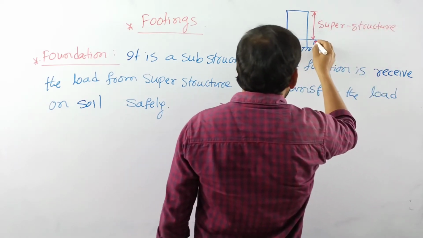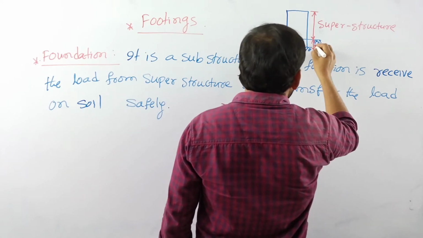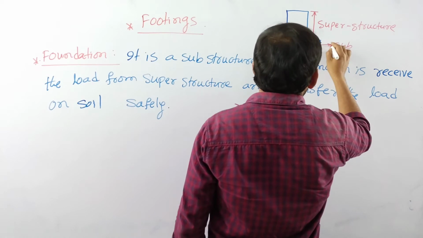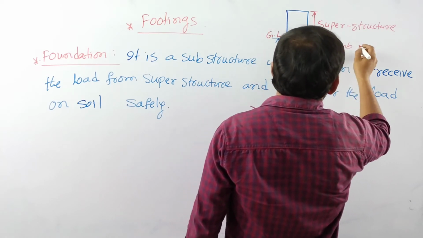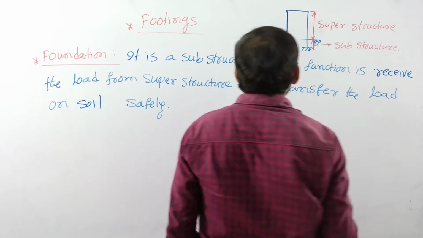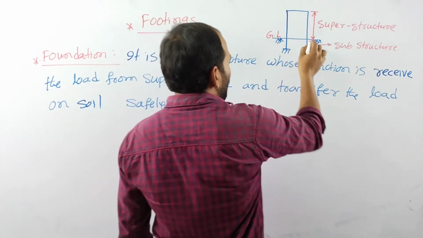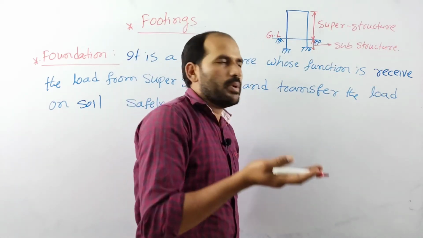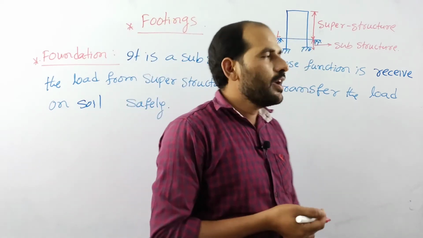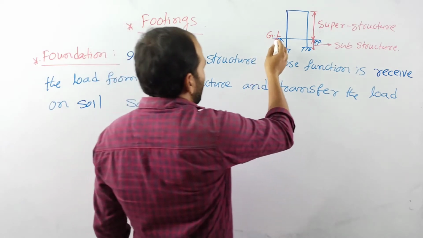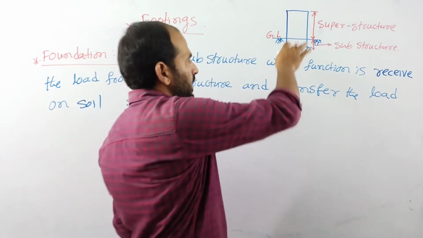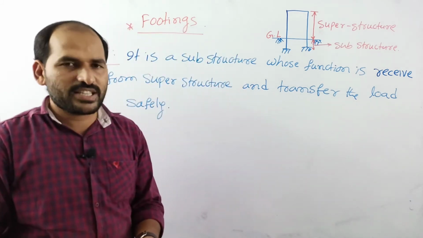And below the ground level, this part is considered as substructure. Above the ground level or above the plinth beam is superstructure, and below the plinth beam is called substructure.